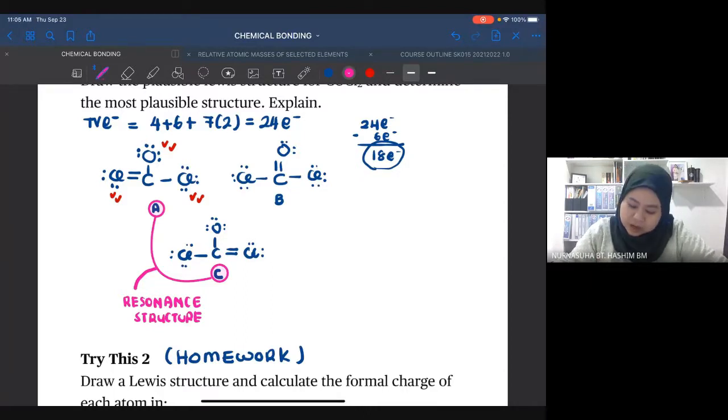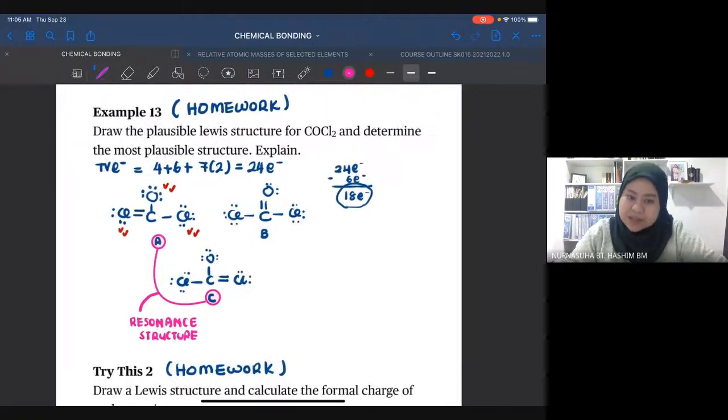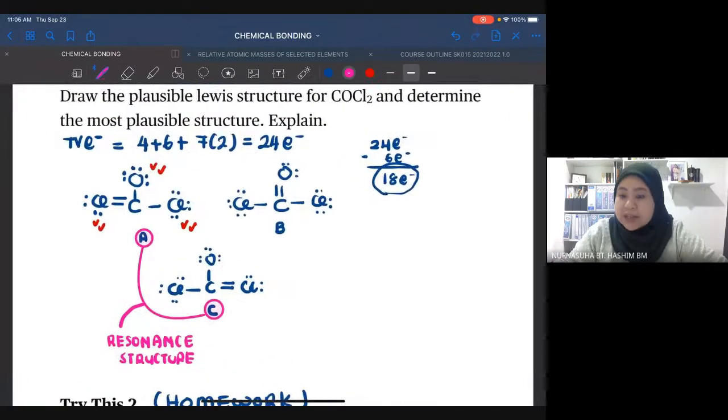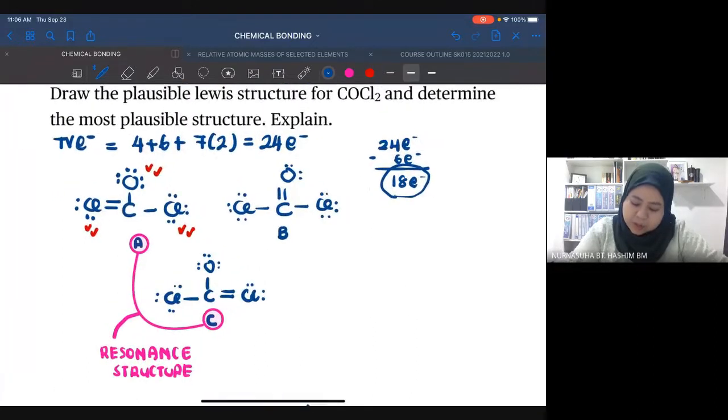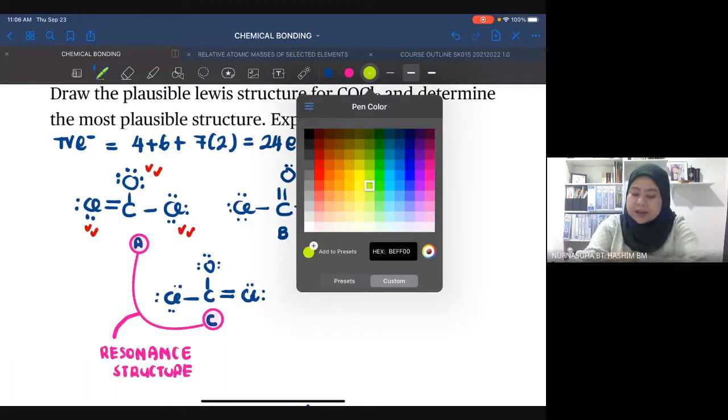So now kita fokus A dengan B sahaja. Dengan A dengan C kita tak boleh sebab basically dia structure yang sama.